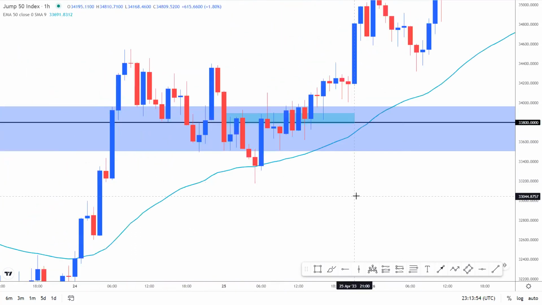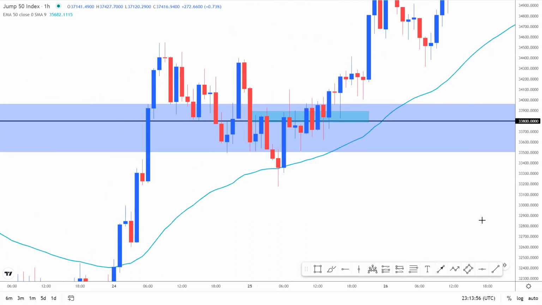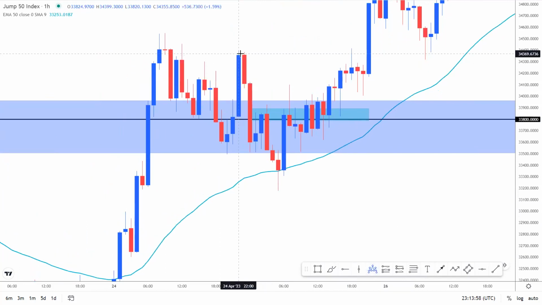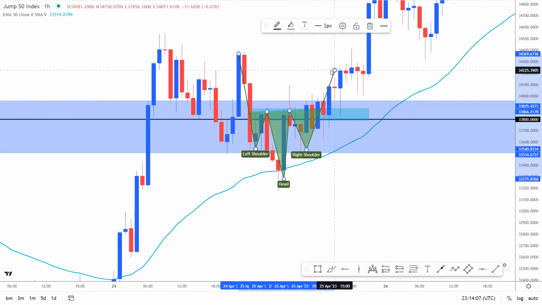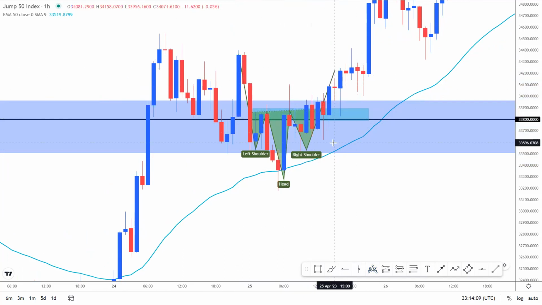Price also presented us an inverse head and shoulder pattern right at the level here, which is also a confirmation. An inverse head and shoulder pattern is a buy entry confirmation.